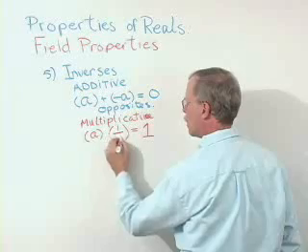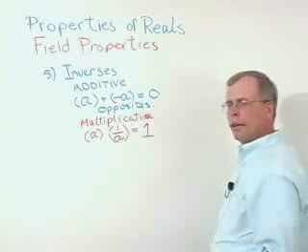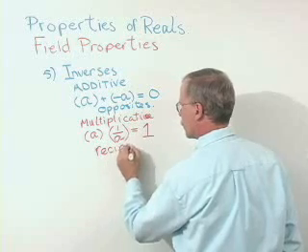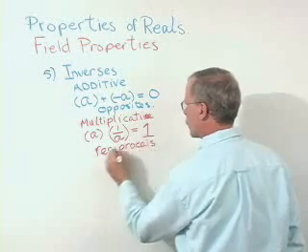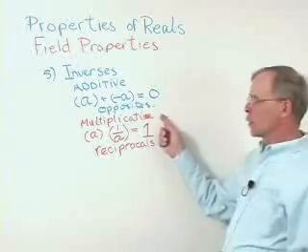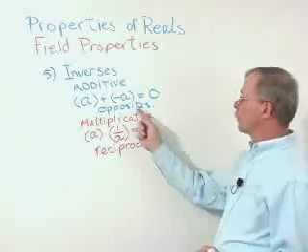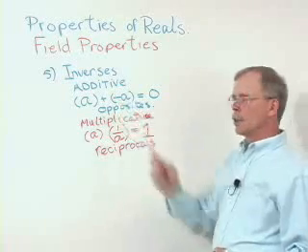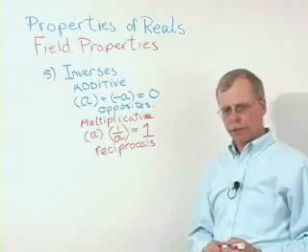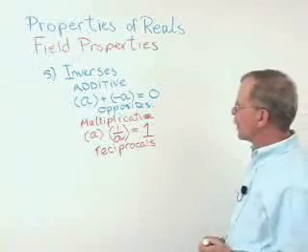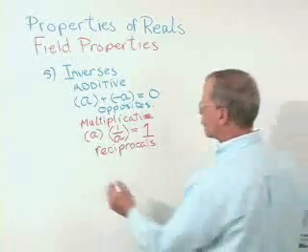Well, how about 1 over A, or the reciprocals? So if you're looking for a multiplicative inverse, you're really looking for reciprocals. If you're looking for an additive inverse, you're really looking for opposites. There we have the main properties, with one more to add to the list.